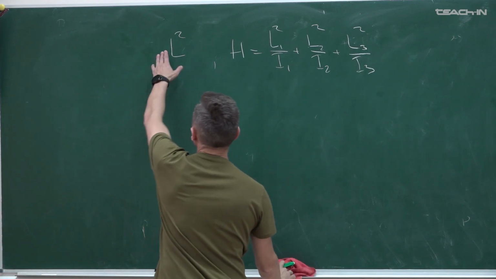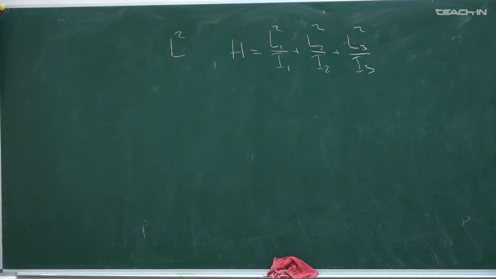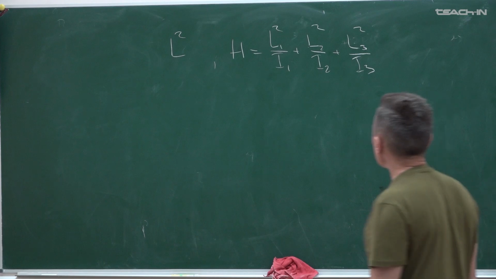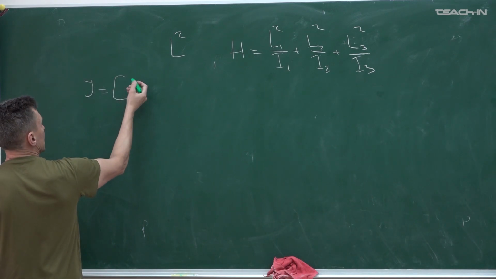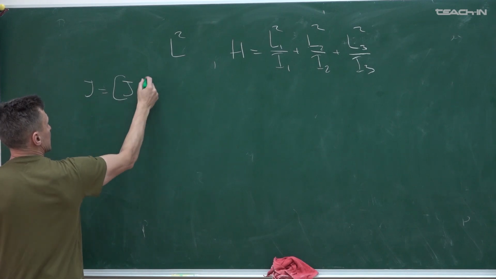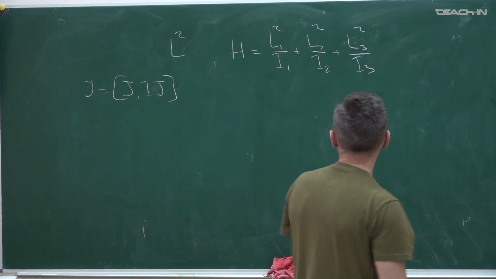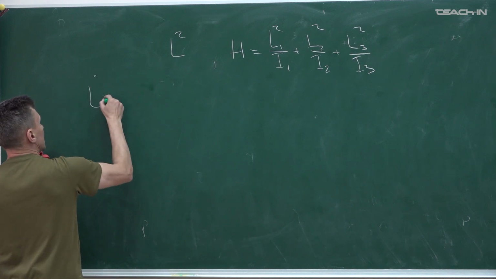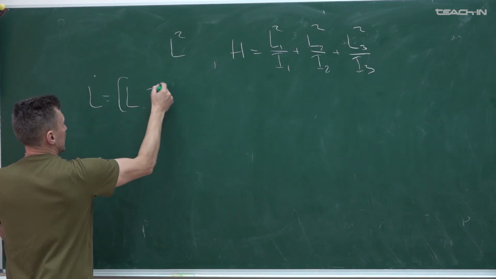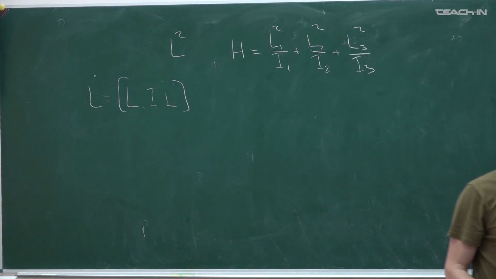It is formulated just in terms of the angular momentum. Do you remember? It is written like L dot is L I L. This is the equation of motion for the Euler top.